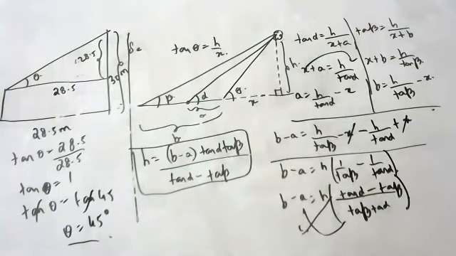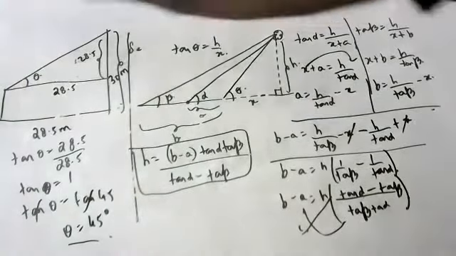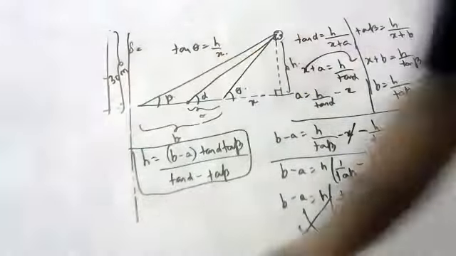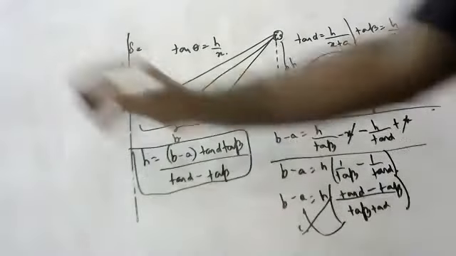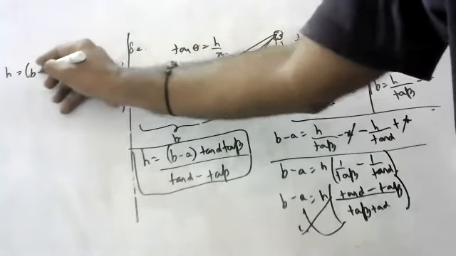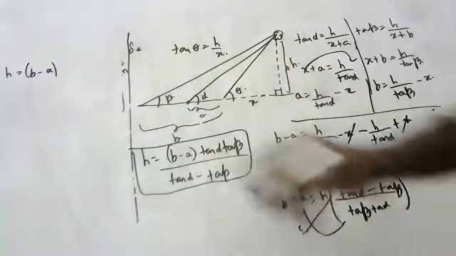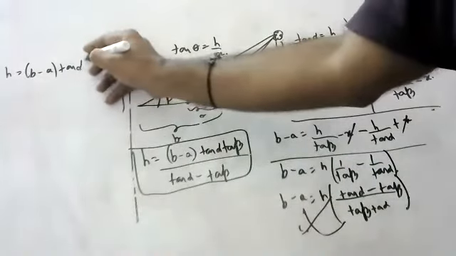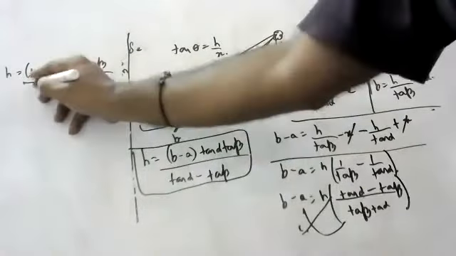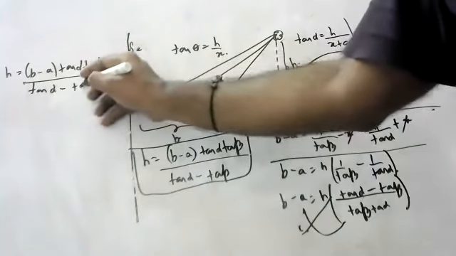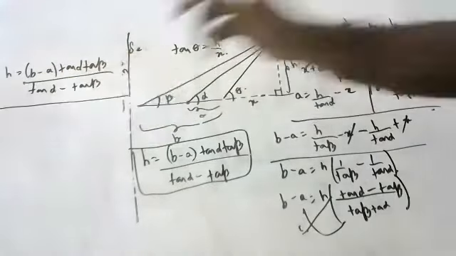So B minus A into tan alpha tan beta is equal to H into tan alpha minus tan beta. So H is equal to B minus A, tan alpha tan beta by tan alpha minus tan beta. This is H, children.